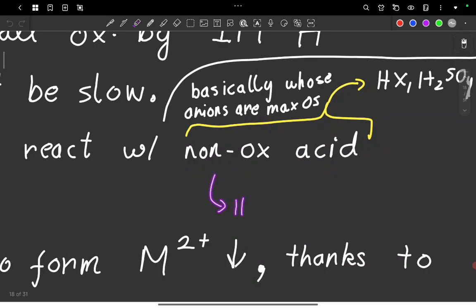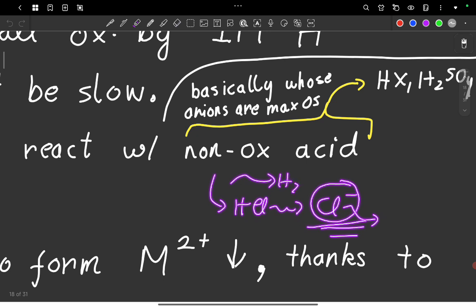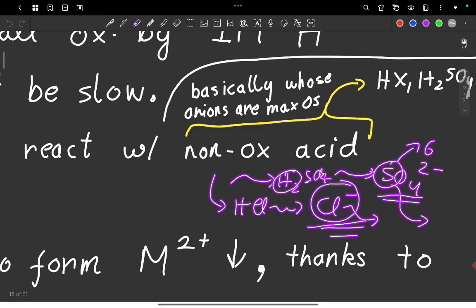For example, look at HCl. If you look at its conjugate base, which is the chloride anion, it is already in its lowest oxidation state and it cannot cause any oxidizing action. Similarly with H2SO4, its conjugate base is SO4 2 minus, where sulfur is in the +6 oxidation state and it cannot provide any more oxidizing action.